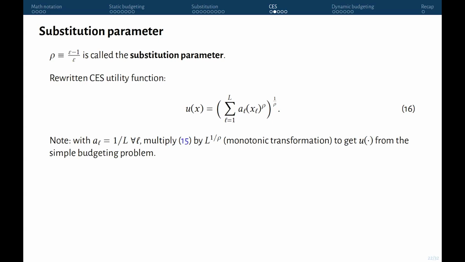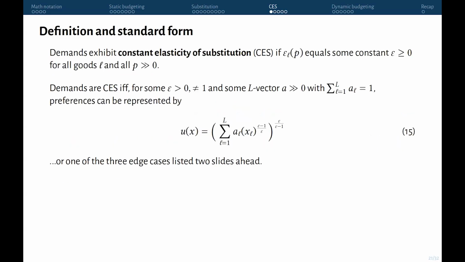And hopefully this is looking pretty familiar. This is basically just the utility function we had in the simple budgeting problem. The one thing it has that we didn't have before are these a_l's. But if the a_l's are all the same, if they're all equal to 1 over L, then there are L elements, so they're going to add up to 1, which is what we need.